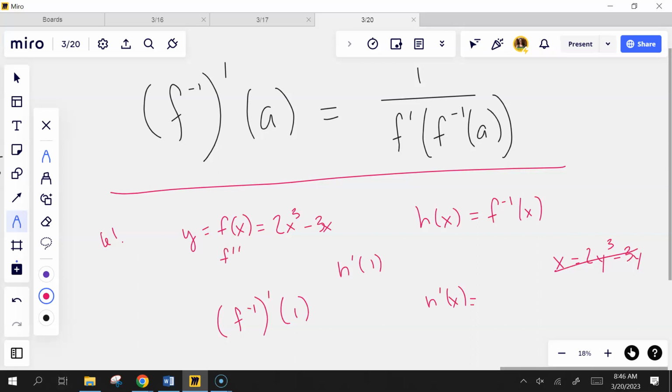Okay, what do I know? I know the derivative of f is 6x squared minus 3.